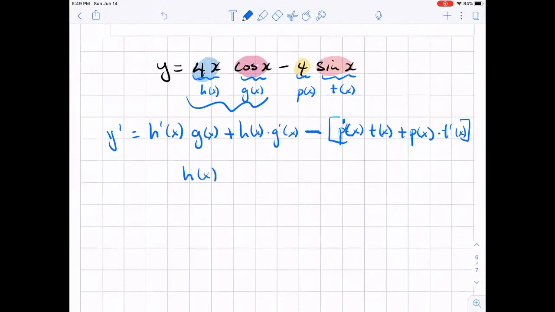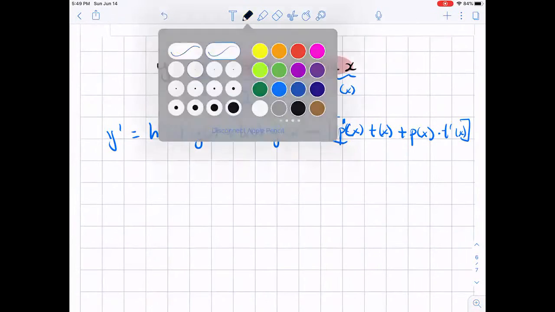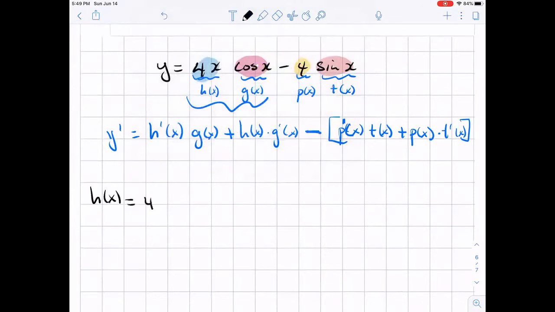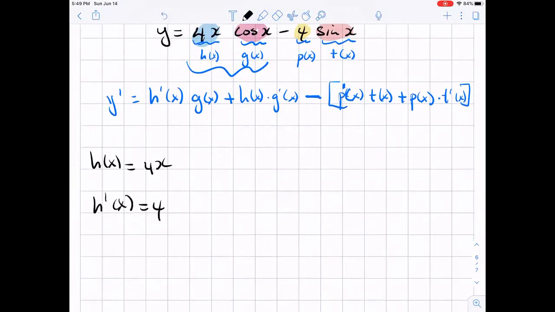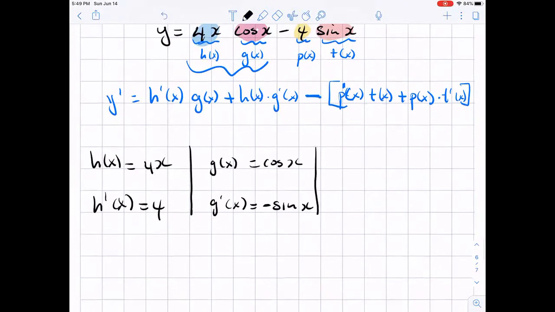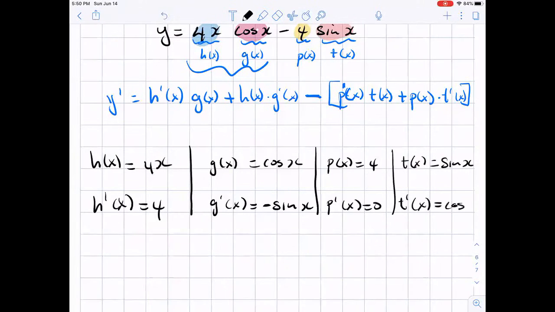So why don't we figure out what these things are? h of x is equal to 4x, so h prime of x is equal to 4. g of x is equal to cosine of x, so g prime of x is equal to minus sine of x. p of x is equal to 4, so p prime of x is equal to 0. t of x is equal to sine of x, so t prime of x will be cosine of x.